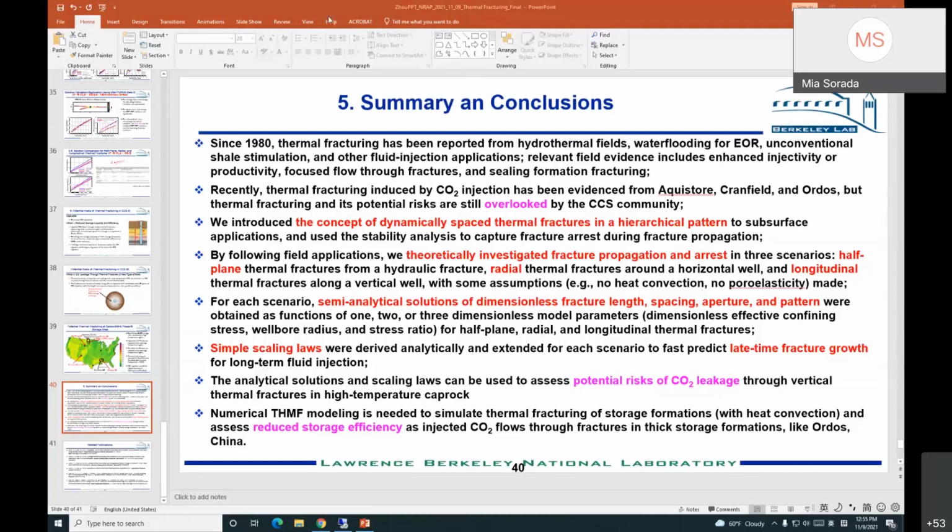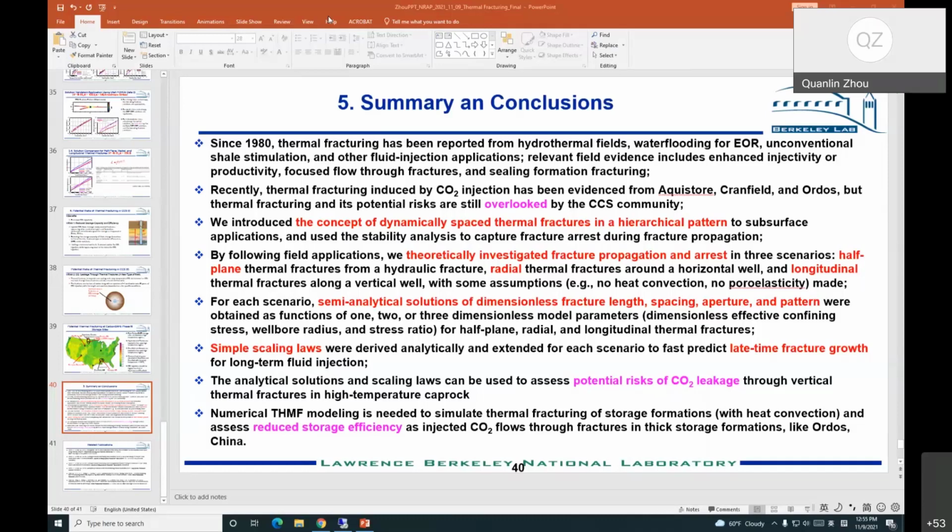For Alpine, you see the seismic image. They may not have direct evidence of thermal fracturing, but in Alaska the reservoir temperature is relatively high compared with the injected water temperature.